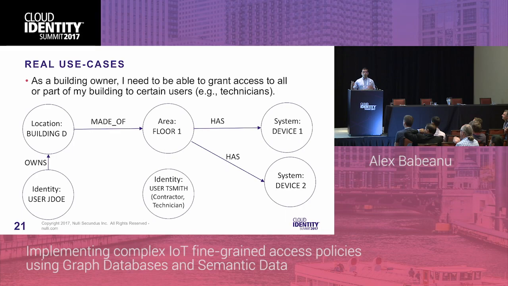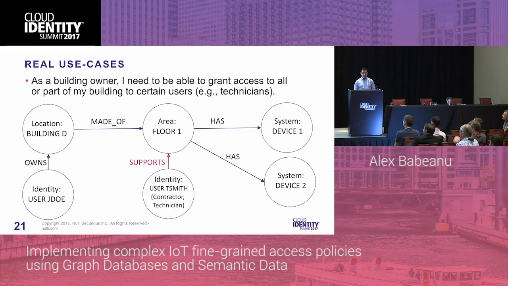Each floor has a certain number of devices on them, like device 1, device 2, and user T. Smith needs to access them so he can maintain them. Similarly, we can just add this relationship here, and therefore, going forward, we can find a path between T. Smith and any of these devices using Cypher fairly easily.